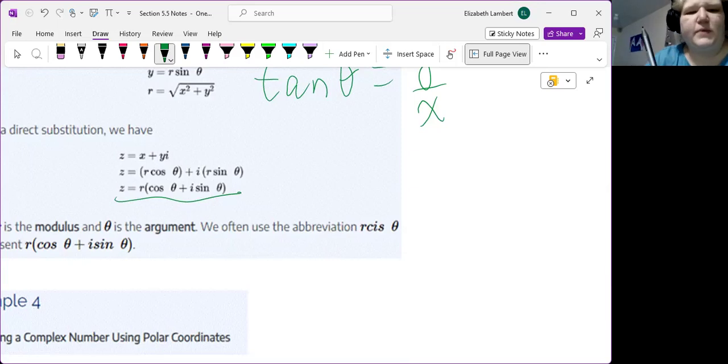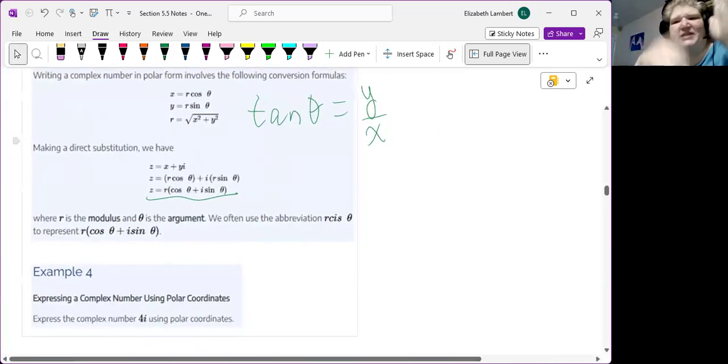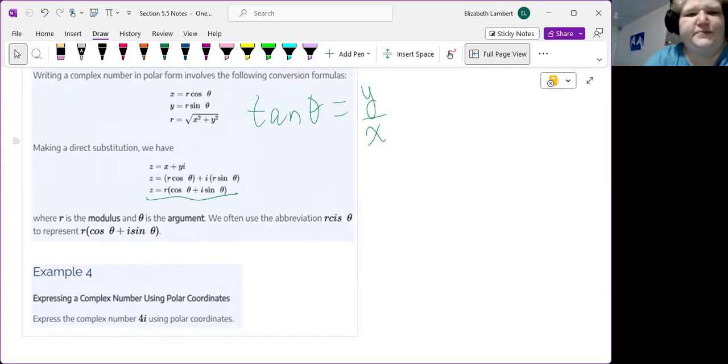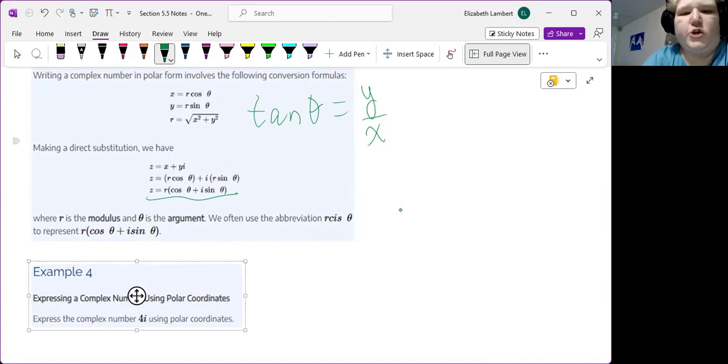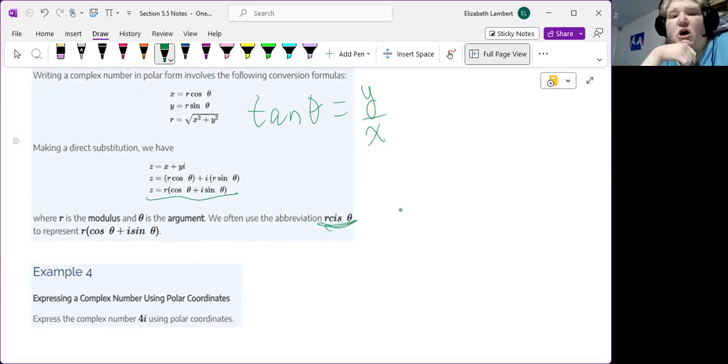All right? So this is literally just changing out basically y's for i's, like imaginary numbers. So this notation here gets abbreviated down to this, r cis theta. So theta is the argument.